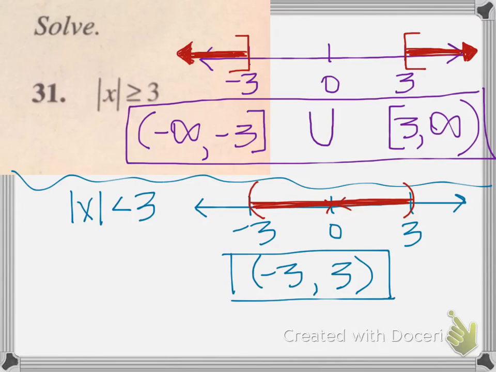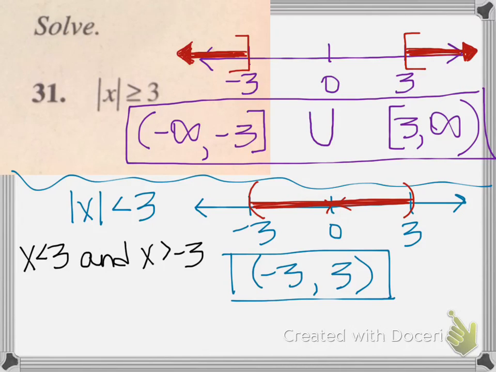If we were to write them individually, which we can do as well, this would be x less than 3 and x greater than -3. That's the two scenarios that we see here.